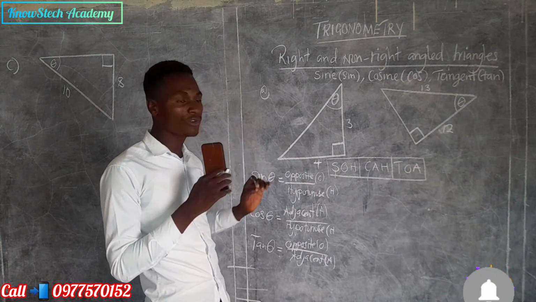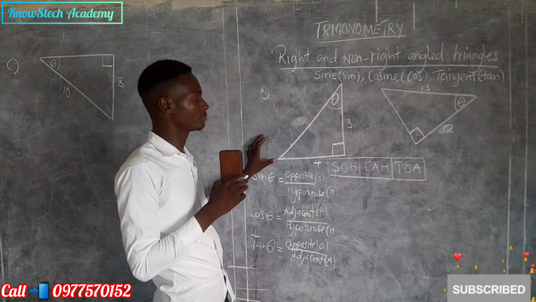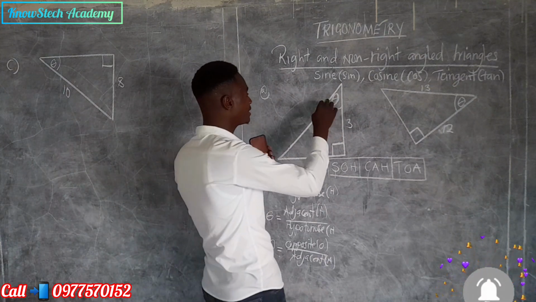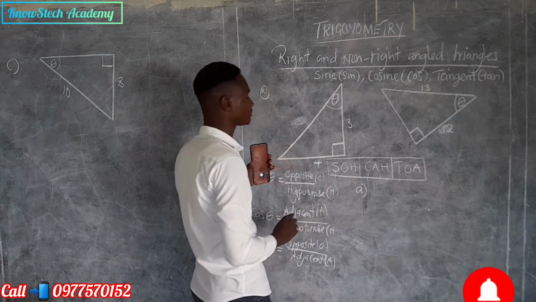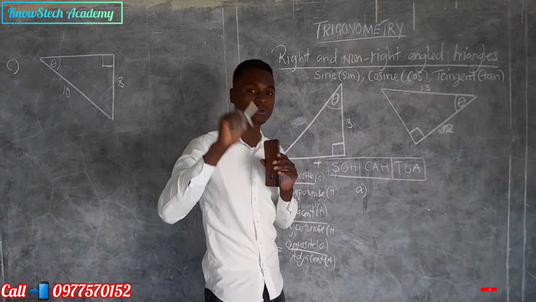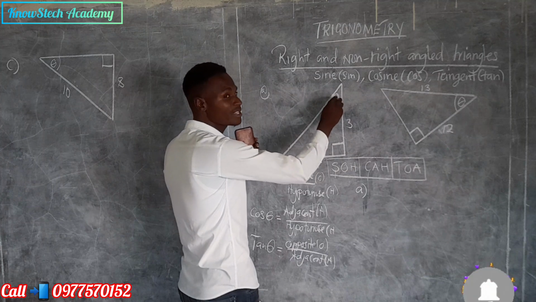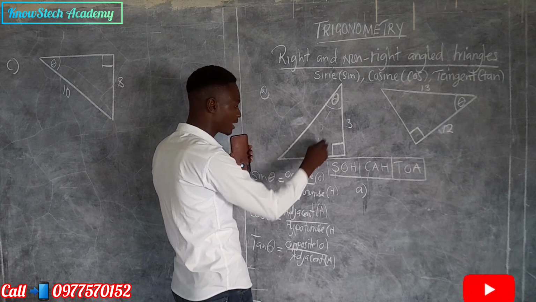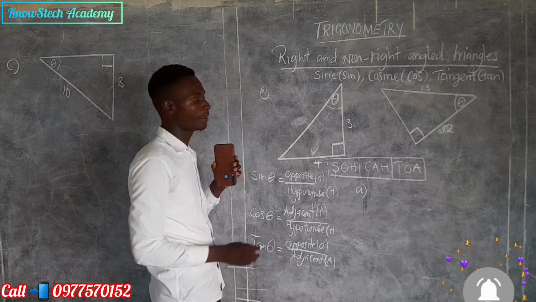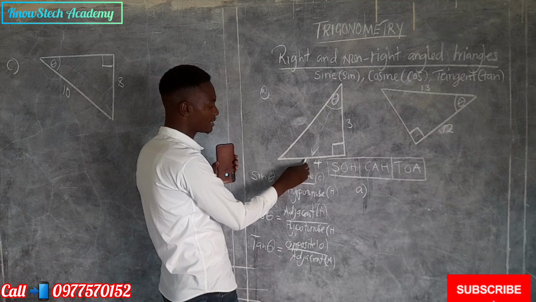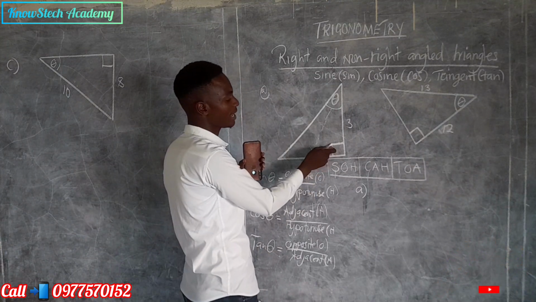Now, when you're asked to find the trig ratios of this angle, which is angle A here, the first thing is to know where the angle is. The opposite of this angle is this side. This is the opposite of the angle, so we write O. Then the hypotenuse is the side facing the right angle.